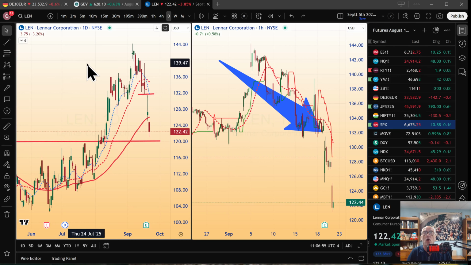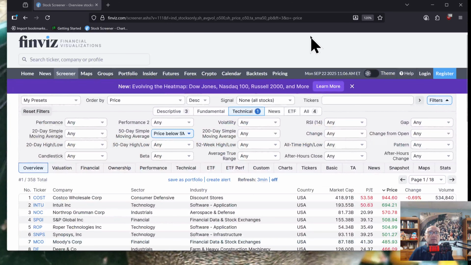Now, before you say, oh, the OKLOs in the world are going nuts, you should only look for longs, I want to open your eyes about something. This is FinViz. I have put in a scanner. It's free. I haven't even logged in on the right. All I did in here is take stocks under their 50 moving average, and then I went over to descriptive.